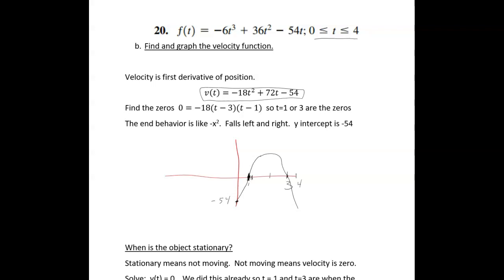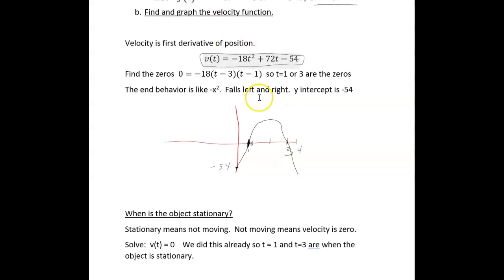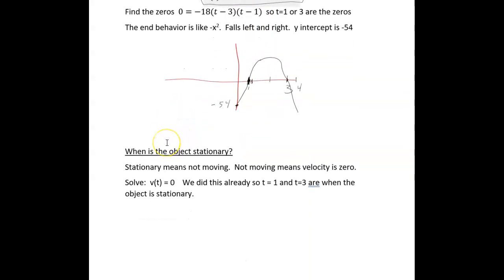So the next question is, when is the object stationary? The word stationary means not moving. Stopped. Even if just for an instant, it means it's not moving. If you're not moving, your speed is 0, so your velocity is 0.